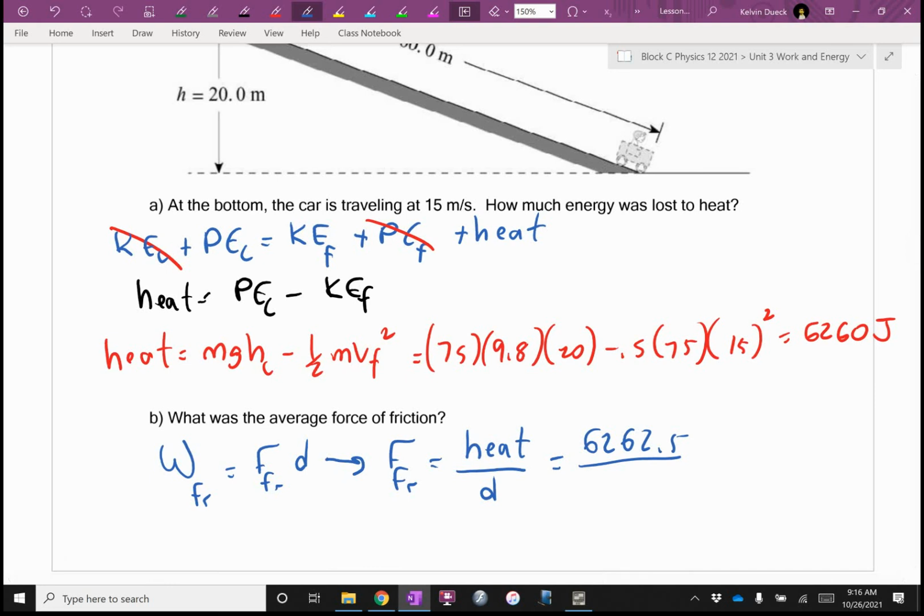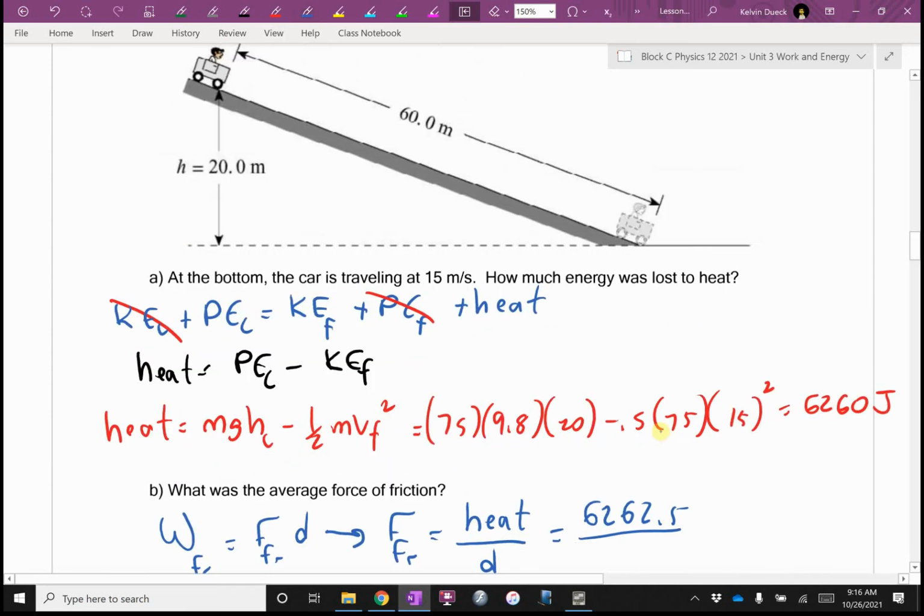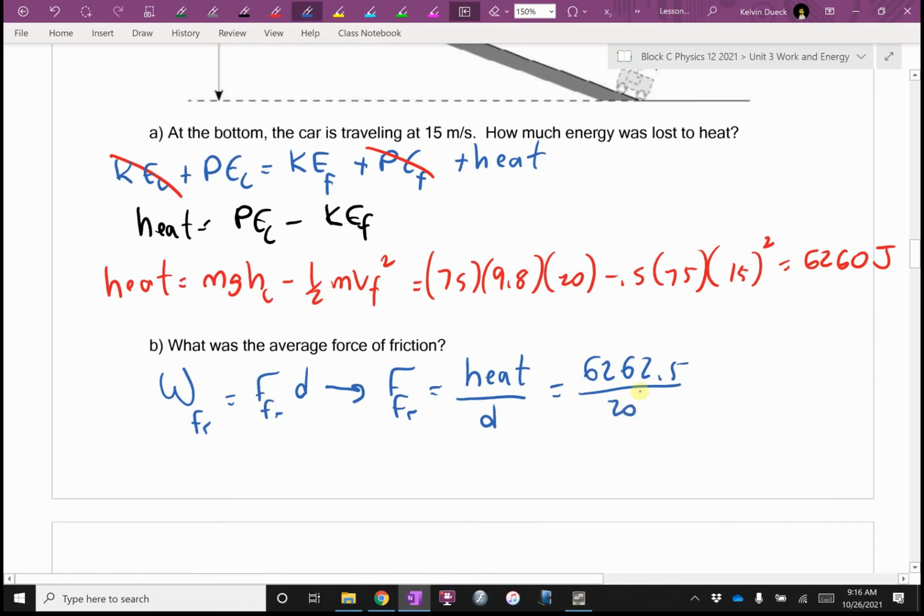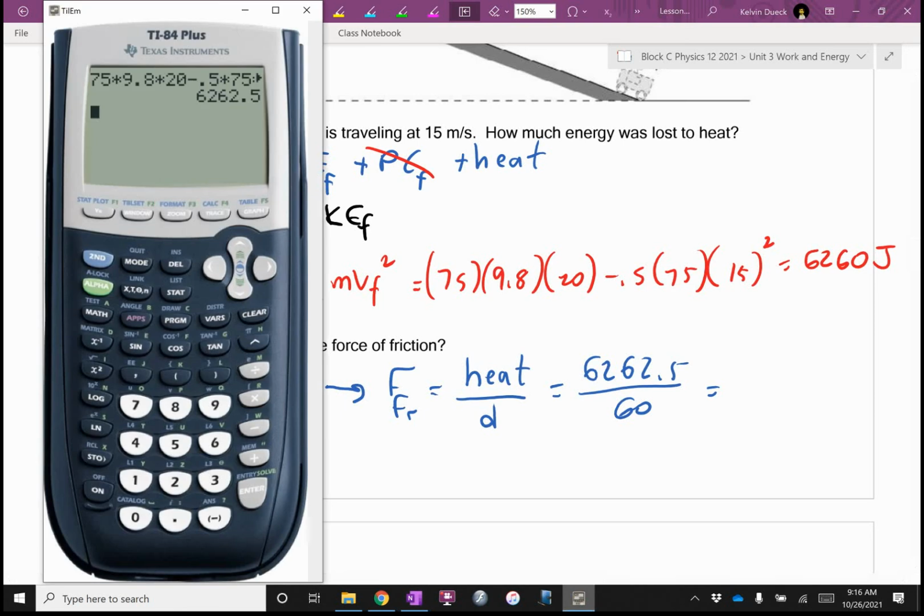There's no horizontal distance in this whole question. That's a bad guess. The distance has to be in the same direction as the force, because that was the condition for work. For force times distance, the distance had to be in the same direction as the force. So it's going to be divided by 60. Why did I write 20? I thought 60. The average force of friction is 104 newtons.